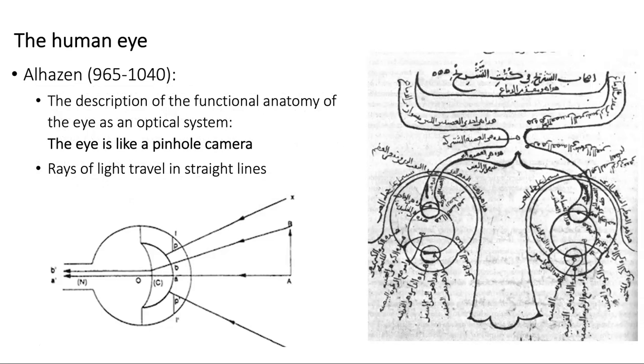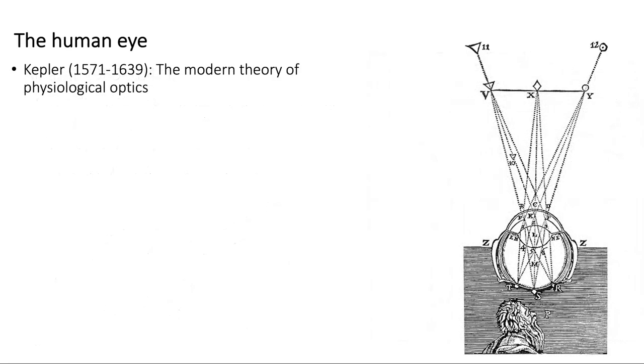Also anatomically, researchers were much aware of the anatomy of the eye. For instance, Ibn al-Haytham knew that the eye was like a pinhole camera, and he thought that light travels in straight lines.